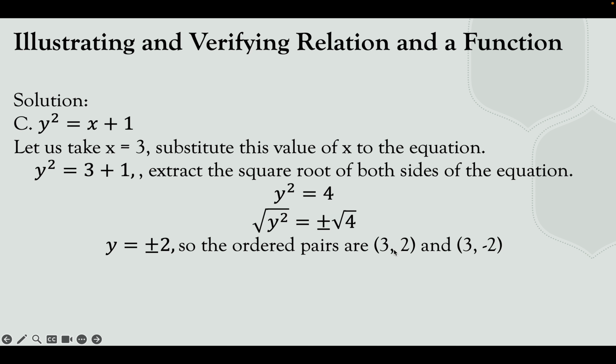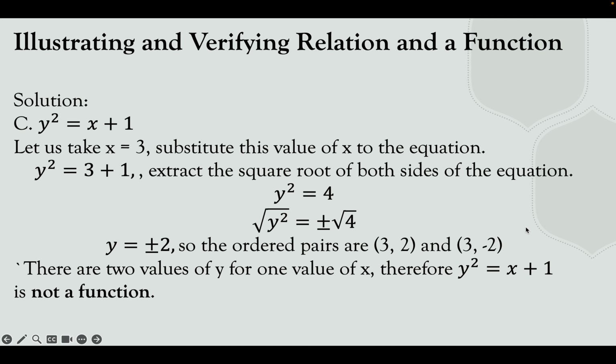So the ordered pairs are (3, 2) and (3, negative 2). If your x is 3, your possible value for y is 2, and also negative 2. So there are two values of y for one value of x. Therefore, y squared equals x plus 1 is not a function.